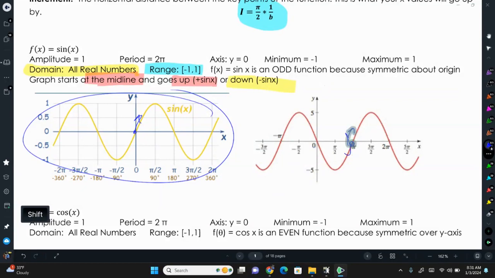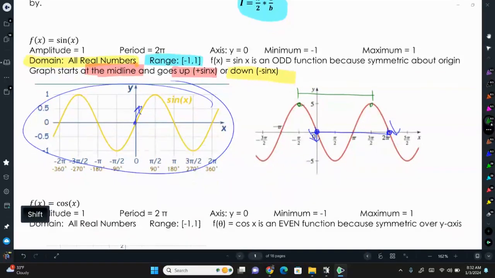The period would be when it starts to do the same thing. So here and here, the y value is 0 and the graph goes down. So this distance would be the period. Now you could pick any point. You go from here to here. This is also a period of the graph, and you could calculate that distance as being 2 pi as well.